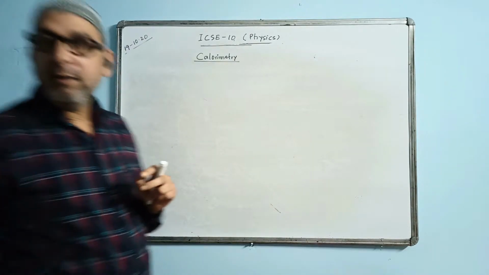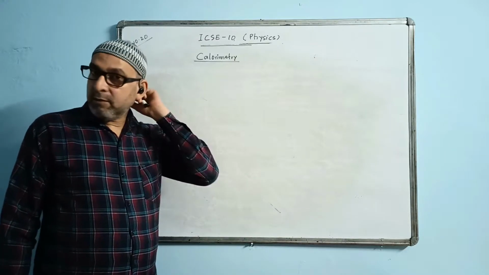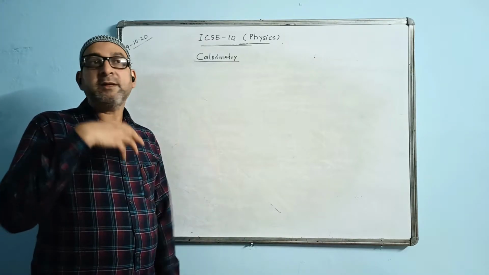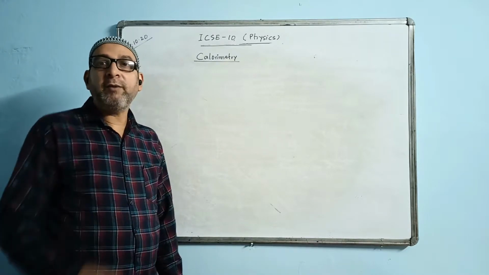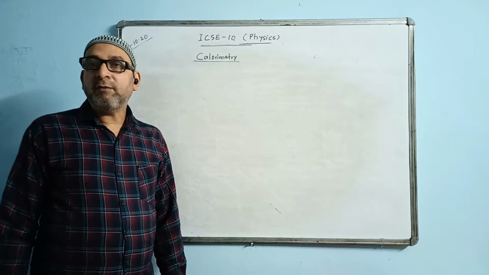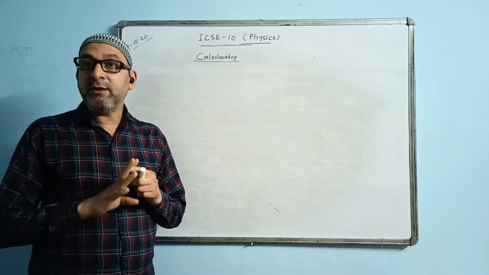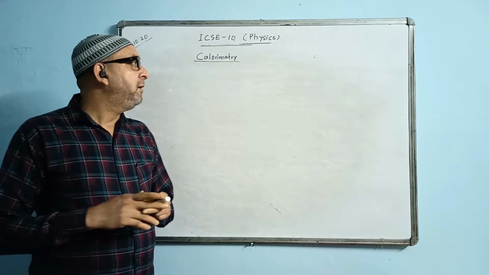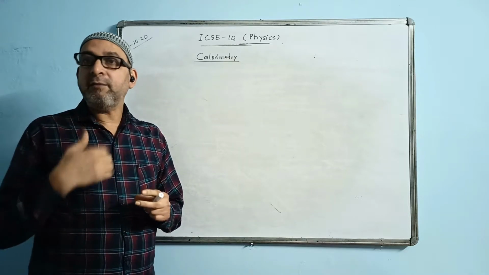At that time we find that the substance is changing its physical state. Maybe a solid is changing into liquid, liquid is changing into gas and all. So that is called change of state. During change of state, temperature does not change, temperature remains constant. And when there is no change of state taking place, that time temperature will be changing.